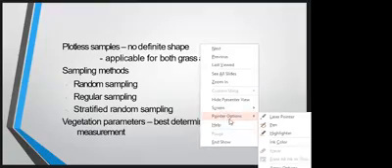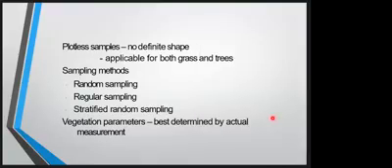So we will discuss that now. What are these kinds of sampling? Although you already had this in your statistics and biostat, we'll have a quick review. Vegetation parameter is best determined by actual measurement. So it has to be done by actual measurement.